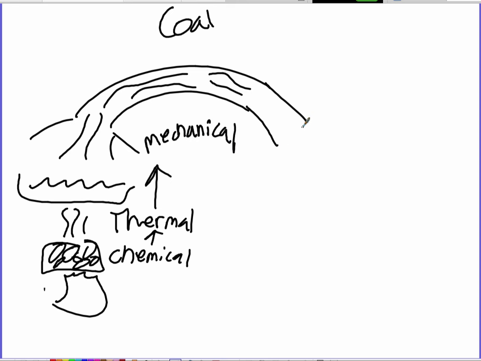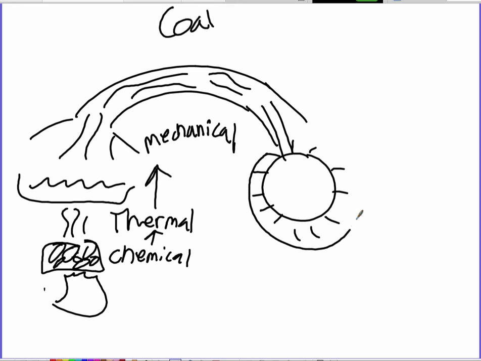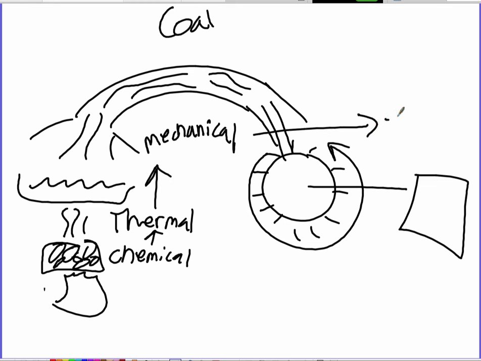Well, that moving steam will eventually hit another turbine, just like we had in the hydroelectric dam. So the steam causes the turbine to spin. We're still having mechanical energy there because we're still having movement. Now that spinning turbine is connected to a generator, and the same as with the hydroelectric dam, the spinning turbine will change the mechanical energy into electrical energy and electricity for us to use.